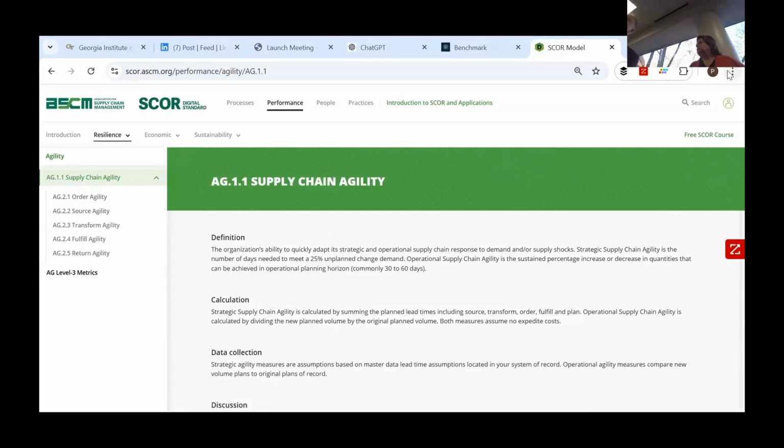I think the closest mathematical way of doing that is getting your stack lead time from your master data, adding that all up for each SKU and doing a weighted average. That gets you the closest to here's how agile, and that's based on where am I sourcing this from, how long does it take me to order it, and so on. I think that's the closest people have gotten. But when you look at the definition, as you see in the model here, again, there's still some work to be done in terms of how do you make this an applied thing.